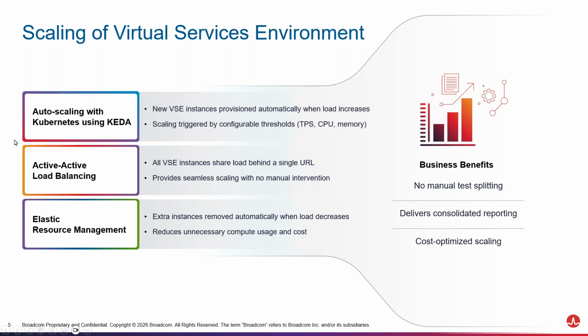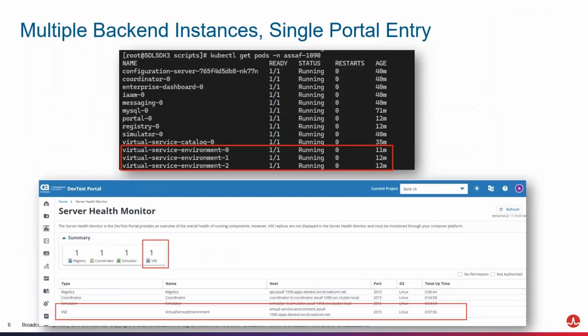While I'm running the test, the transactions per second will start to pile up, and once I reach the capacity of my VSE, it will spin up another VSE, and if I reach capacity again, it will spin up another VSE. So behind the scenes, I will have several pods of the same VSE. The name of the VSE is a virtual service environment, and then it starts to replicate with the names.